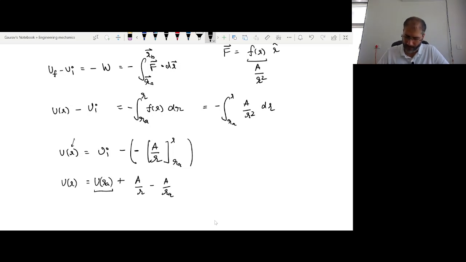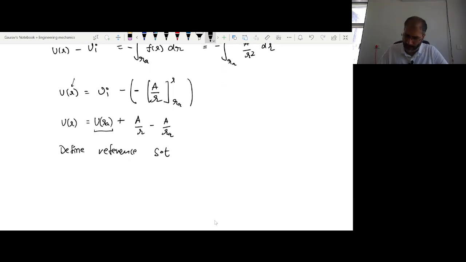So we would want to define the reference in such a way so that u at infinity, so when the particles are infinite distance away, this is 0, and it makes sense because when the particles are very far away so that they don't feel each other's force, then the energy is defined to be 0.